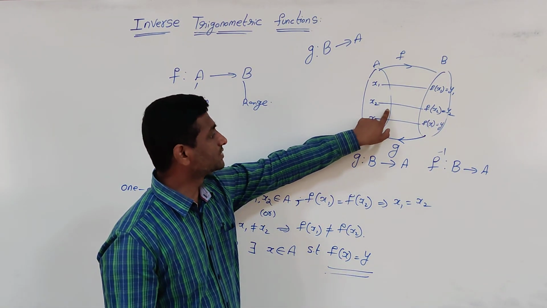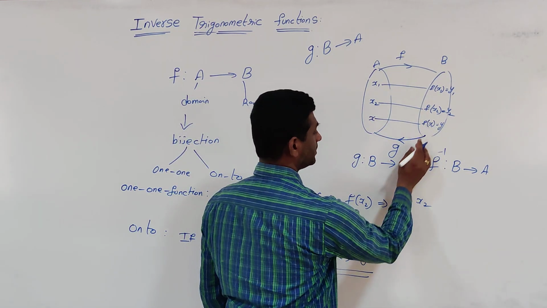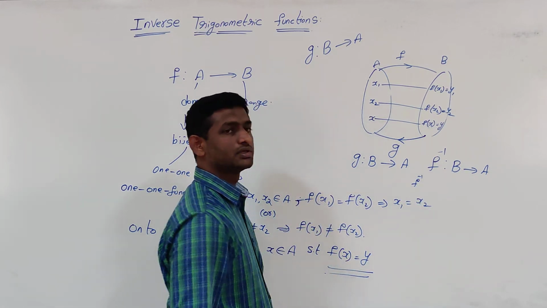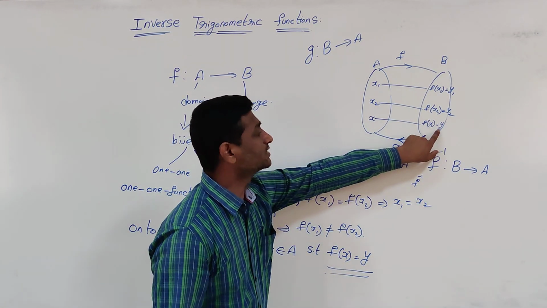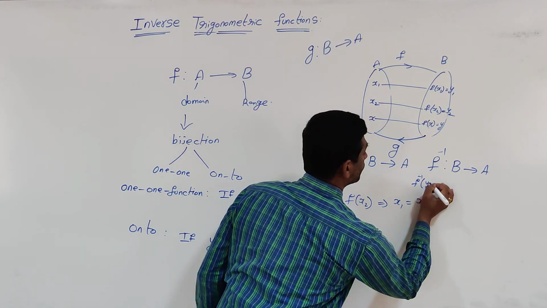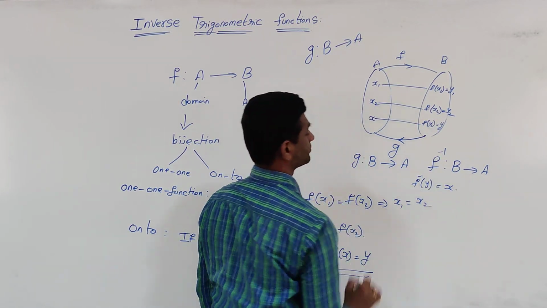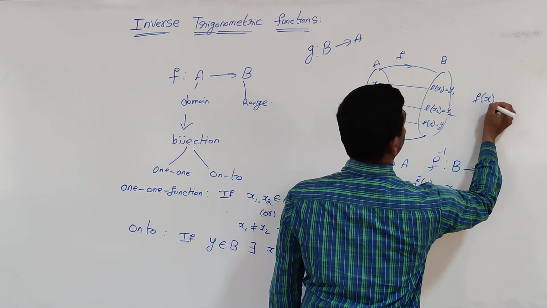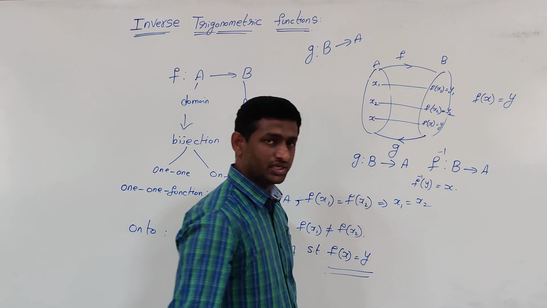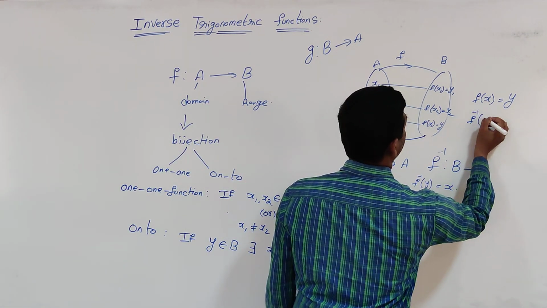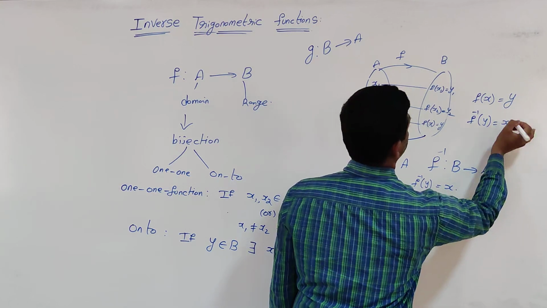If this is a bijection, then f inverse will act on y as the input, and f inverse of y will be x. That is, if f of x is equal to y is a bijection, then f inverse of y will be x.